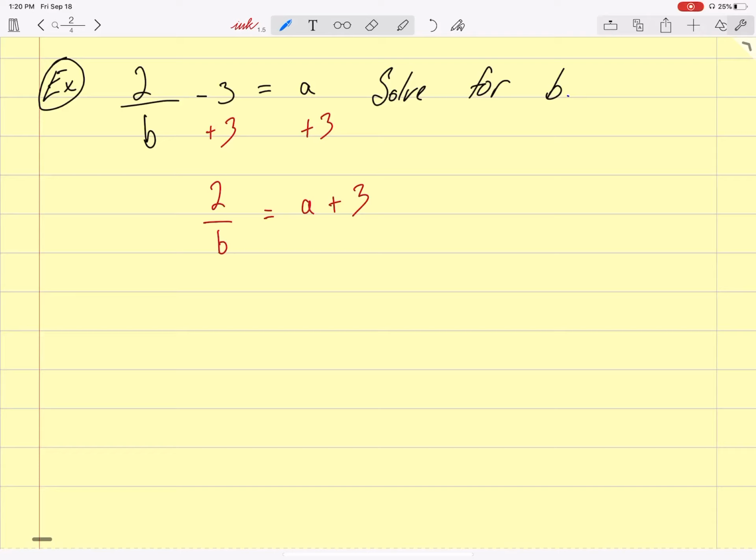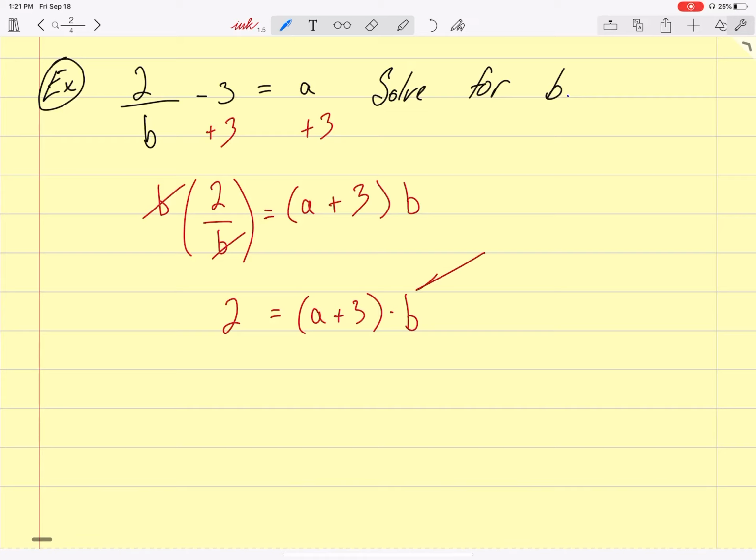And then we need the b in the numerator to solve for b. So what we do is just the same thing we did with everything else to clear out fractions. So we're going to multiply both sides by b. And so on the left, the b's cancel, and you have 2 equals a plus 3 times b. And this can be a little confusing sometimes.